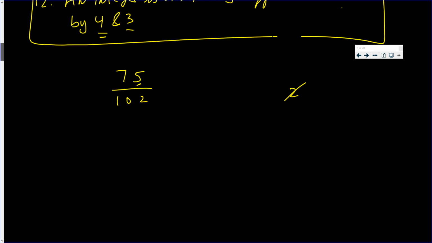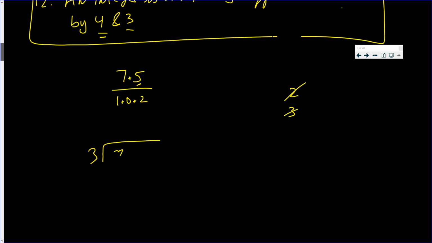And the question is to reduce this. So then you go to 3. You can say, you know what? Those digits add up to 12, which is a multiple of 3. And these digits add up to 3, which is a multiple of 3. That is, 3 goes into both of these numbers.